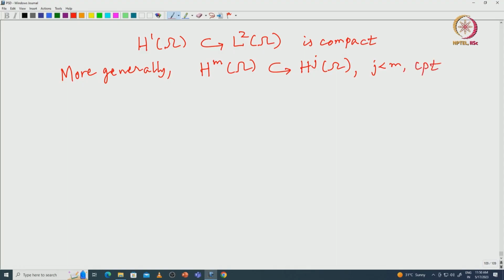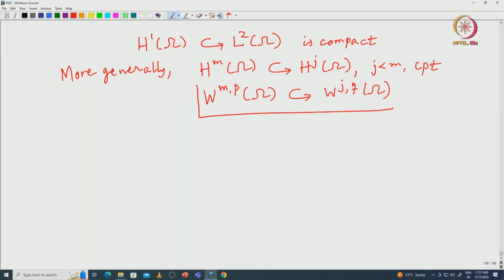And of course, this is more tedious to work with, because we do not have the Hilbert space structure here. In fact, you can go for W^{m,p} and Q here, and for a suitable combination, of course, you still require a smaller number of derivatives. That is one condition, but then there are conditions on p and q.